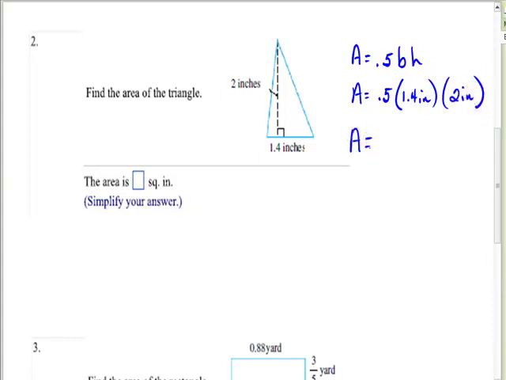Area is, multiply those 3 numbers, and you will get 1.4 inches times inches gives you square inches. Area is always measured in square units. How many little squares would it take to cover up this shape?